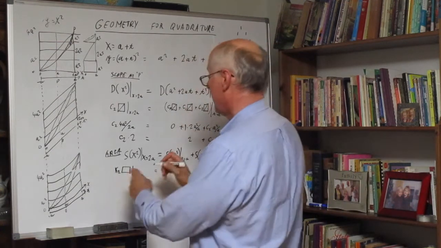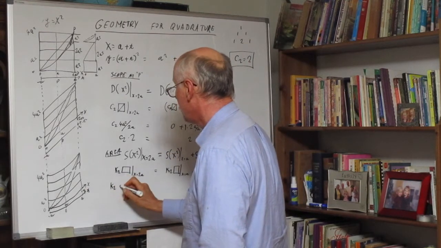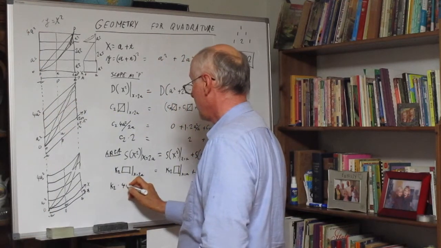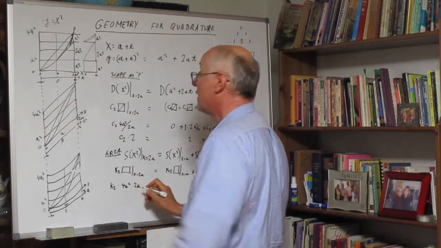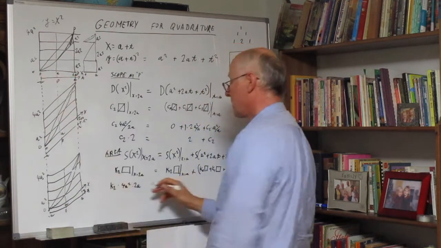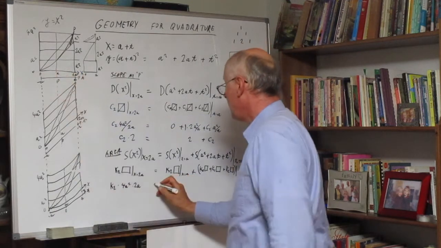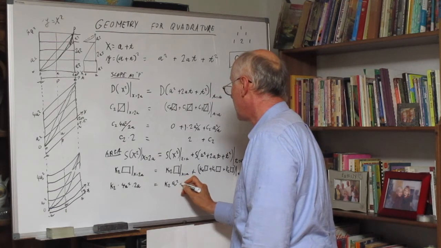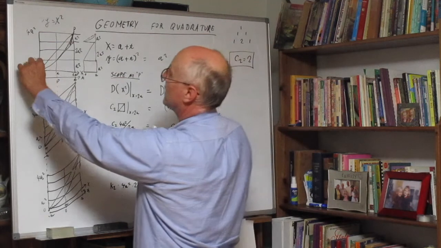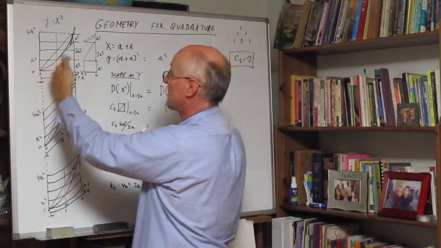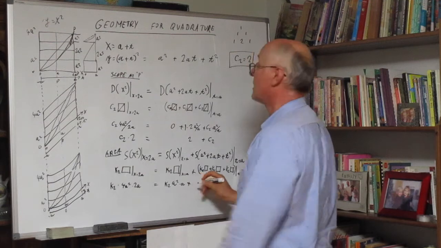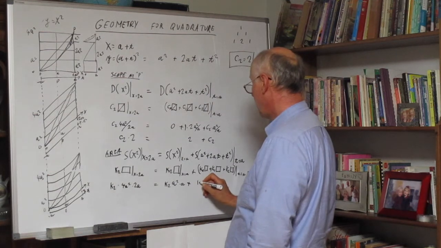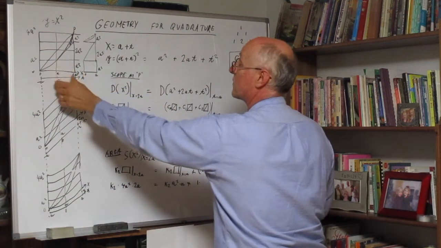That's going to be K2 times, well, guess what? It's the rise, 4a squared, times 2a, times the run. That's it. Equals K2 times a squared times a, because here's a squared, here's a, that's this box. Plus, now we got to pick up these three areas, and that's K0, it's 1 times a squared times a, right?